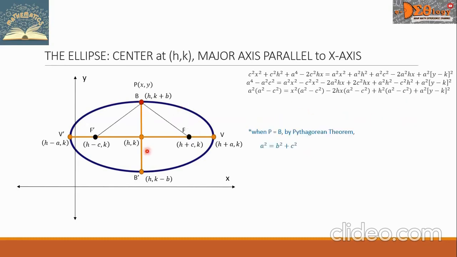In our figure here, we can see that when the moving point touches one endpoint of the minor axis, say this B, we can see a right triangle here.